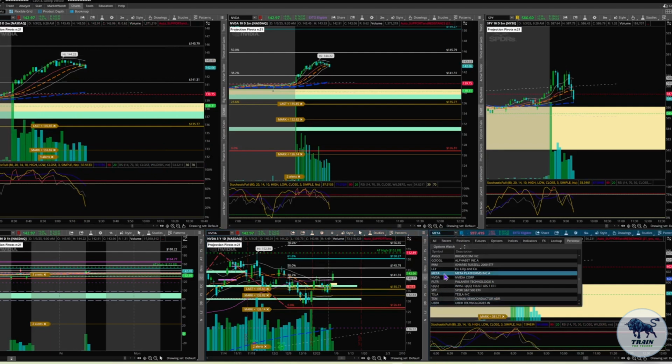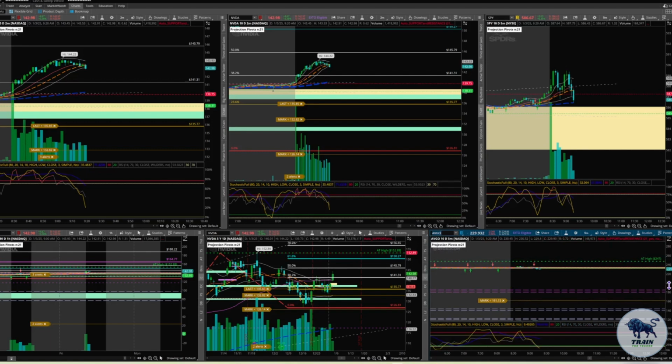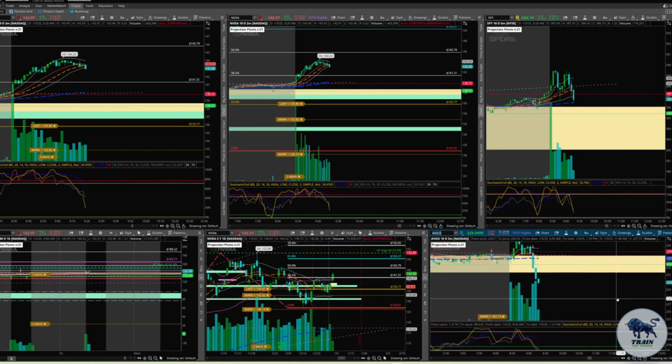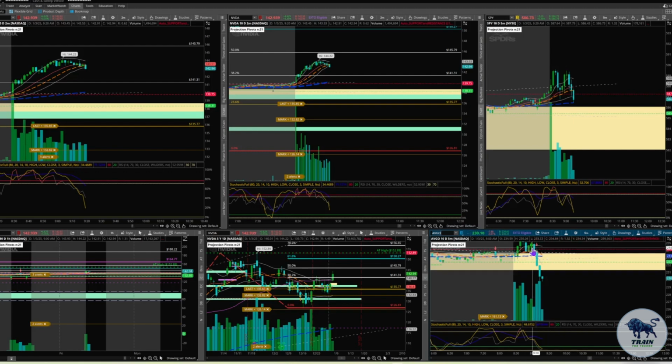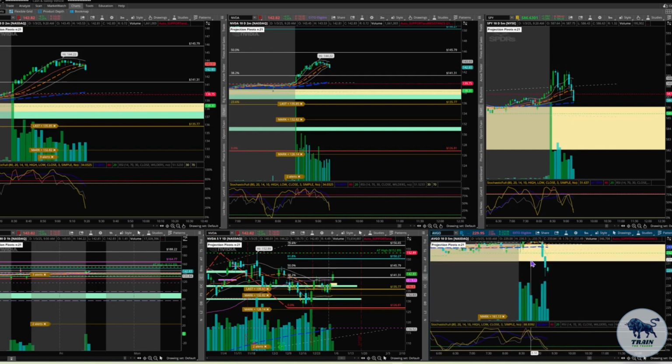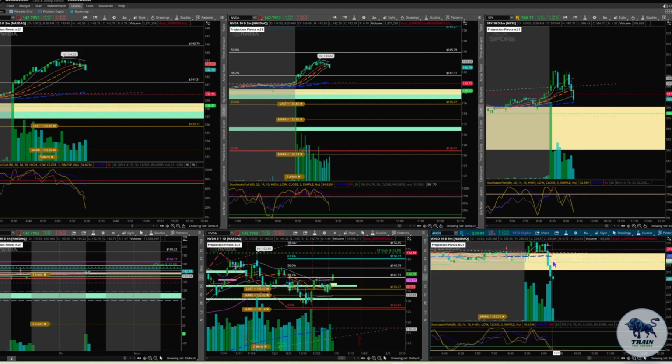Nvidia is just too strong today, so I don't want to go against the grain. AVGO, same thing. My entry on AVGO was really right here, the break of the 200. Now I'm too late, so I'd have to wait for it to come back up and retest this 200.